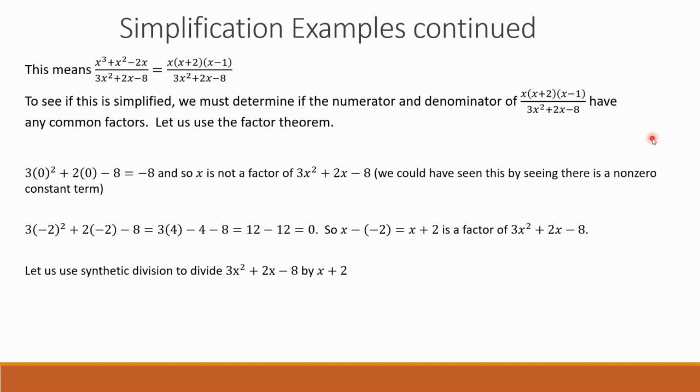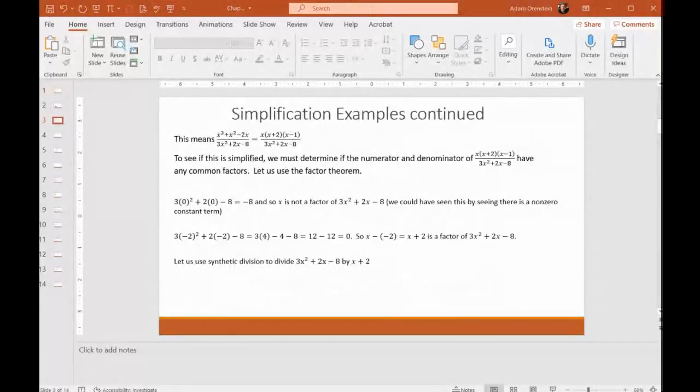Okay, my watch is a little slow. But next time we'll finish this example. Using the factor theorem, we can see if it has any common factors. I think it turns out it does, it looks like x plus 2, and we can use synthetic division to divide it out. So we'll do this example next time as well. I didn't think we'd get this far, so I'm going to stop here.